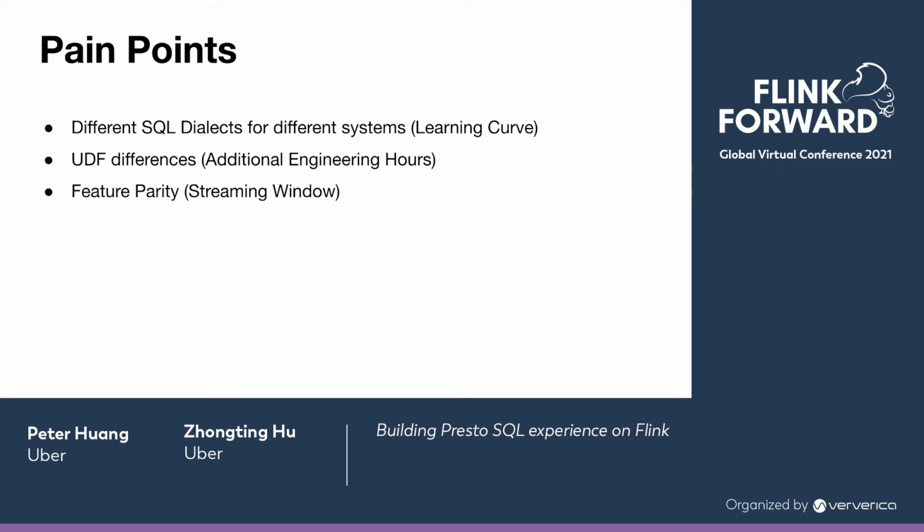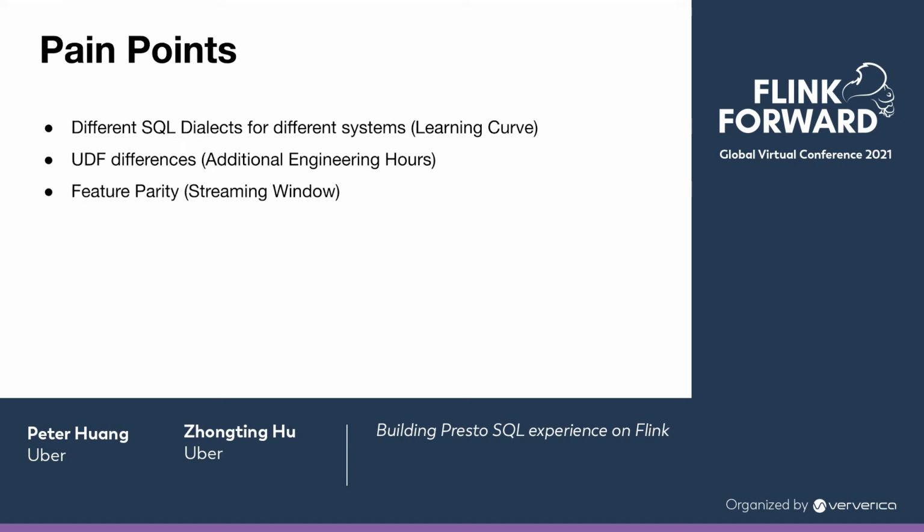So too many different SQL dialects in our ecosystem increase the learning curve for our customers. Besides that, we also see a bunch of UDF needs because of the differences in the implementation of UDFs. For example, some Spark jobs have third-party libraries that do data transformation.